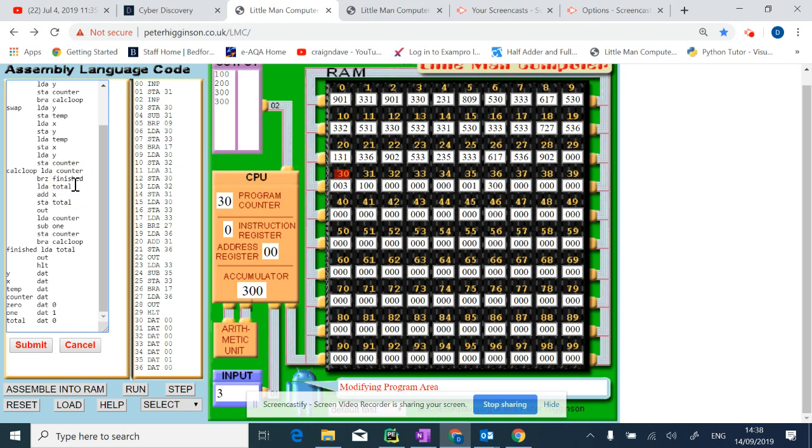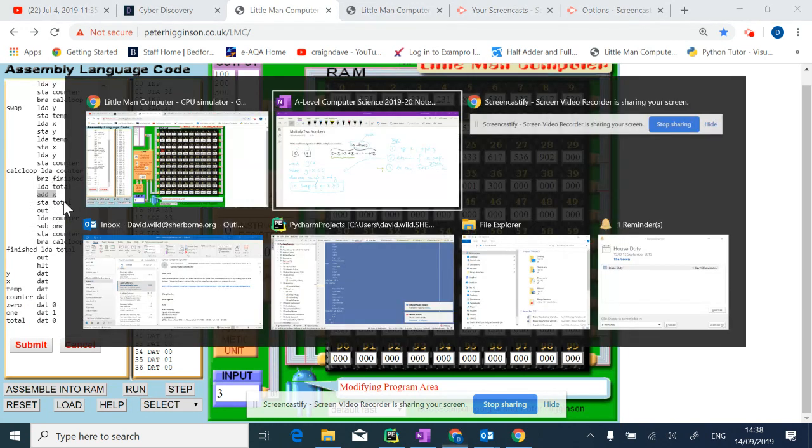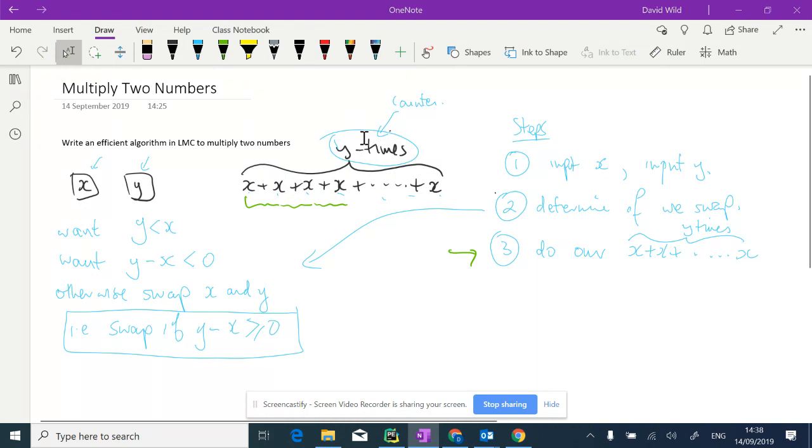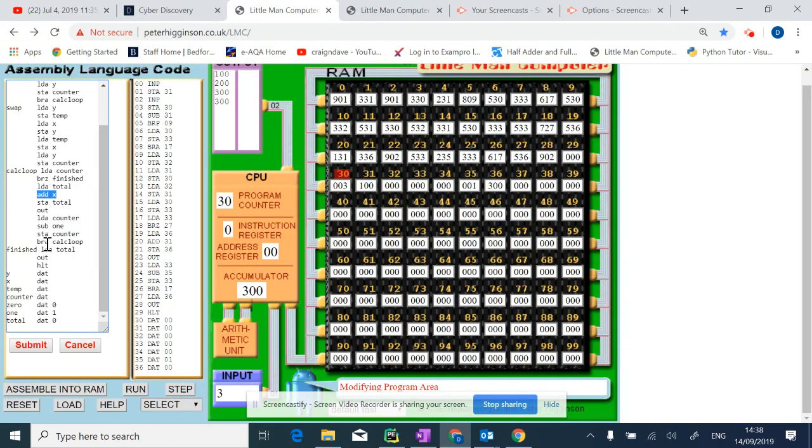And we're going to keep doing that until this counter, which is the number of y's that we've got, is equal to 0. And if it is equal to 0, then it branches to finished, outputs the total, loads the total up, outputs that total, and halts. Okay, so that would work.